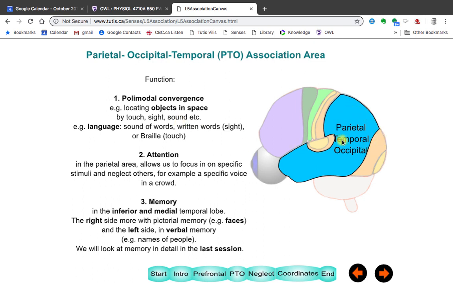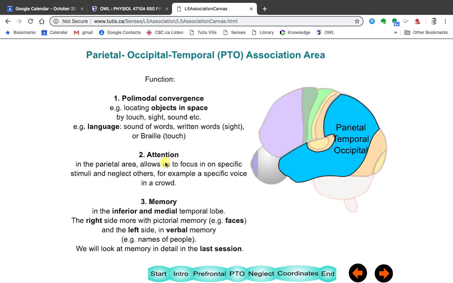So you can imagine that a structure here is in the middle of a touch area, a hearing area, and a visual area. And so it's strategically located to be able to interconnect all these areas. And that's what this convergence talks about.